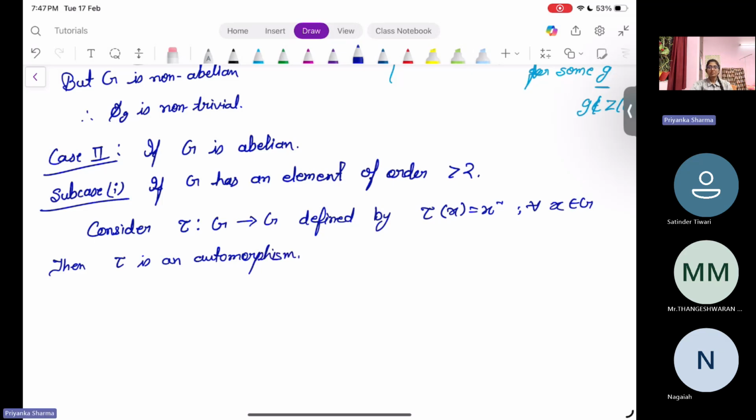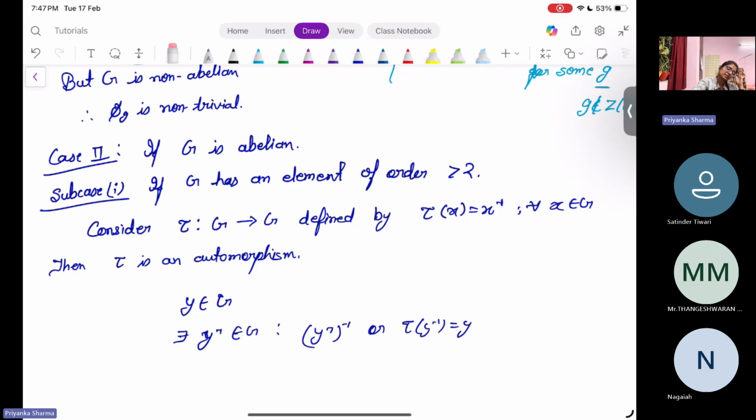Okay. So can you do it? We are assigning every element to its inverse under the map tau, and the inverse of every element in a group is unique. So tau x will be well defined and this will be a one-to-one map. This is obvious. And for any y belongs to G, there exists y inverse belongs to G such that tau of y inverse is y.